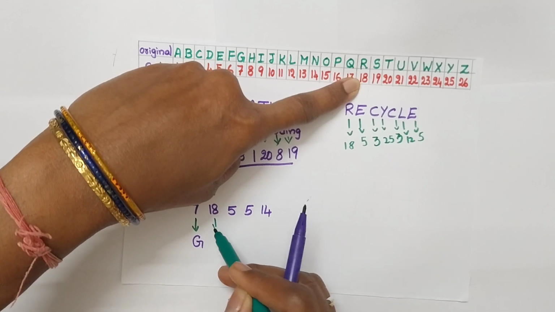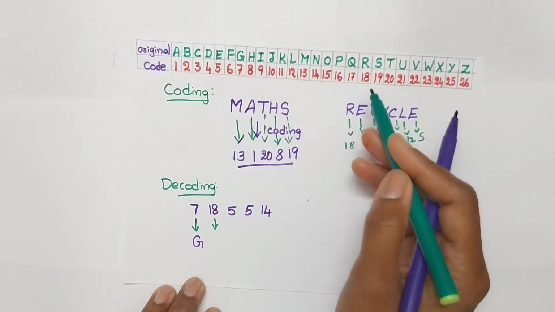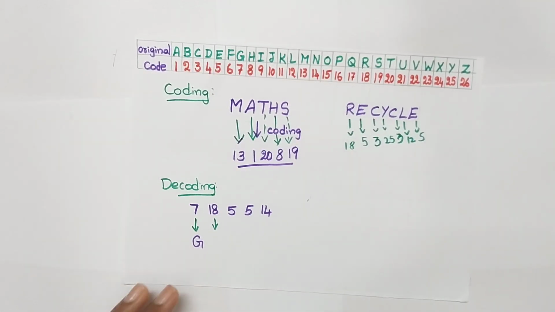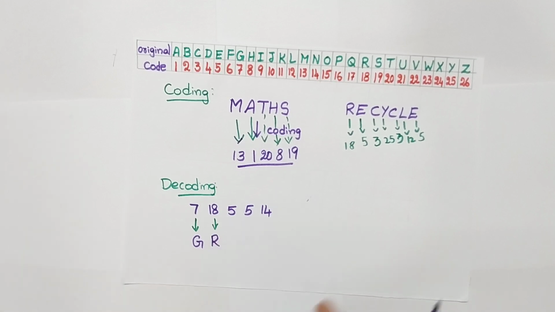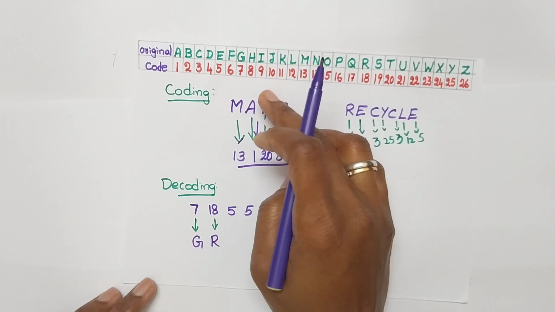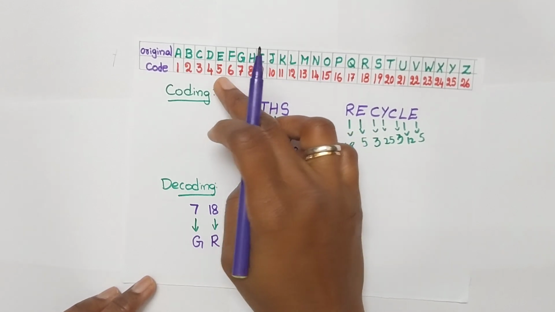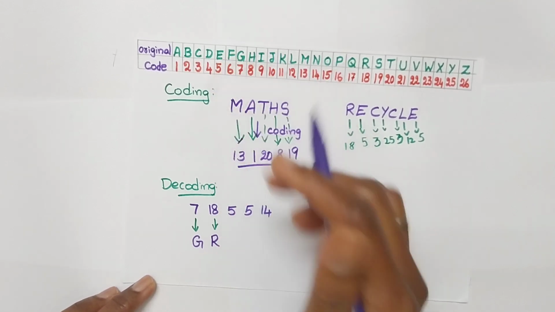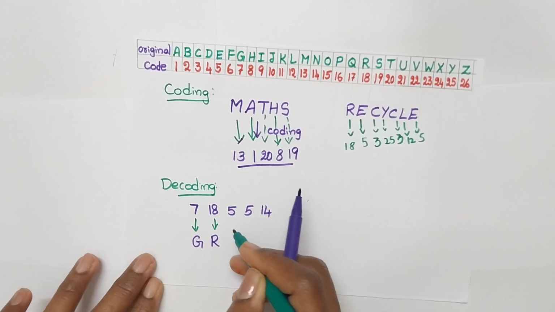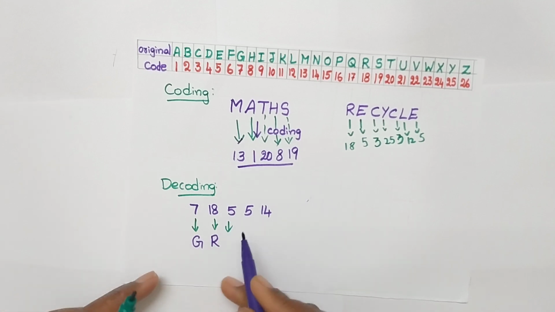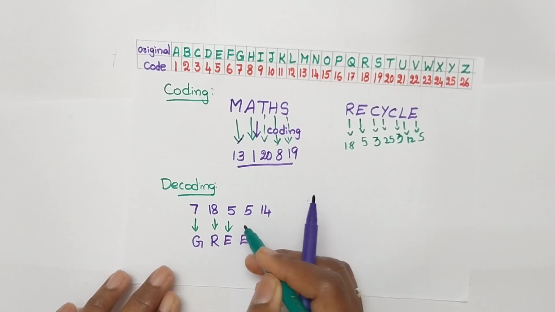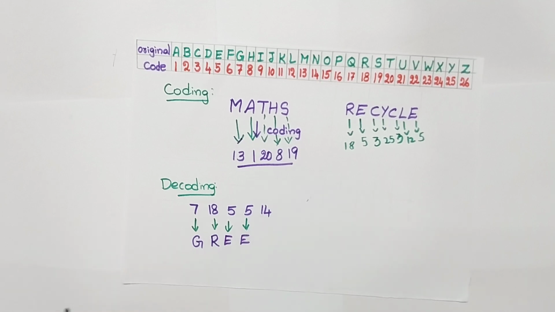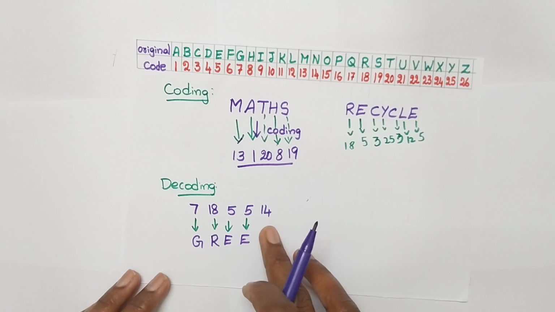Here. And for 18, the original letter is R. And 5 in the second line is here, and the letter is E. So E, again one more E, because the same number 5 came.